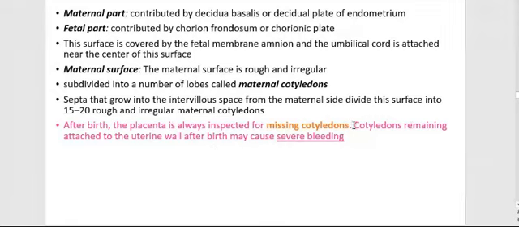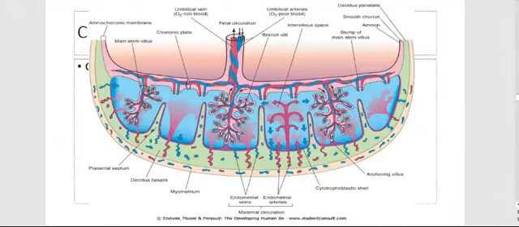It's because some of the cotyledons did not fully detach from the uterine wall after birth. The whole of the placenta has to detach and come out. If some of them still remain attached, then there's a problem. We are going to have maternal bleeding. The mother will bleed.